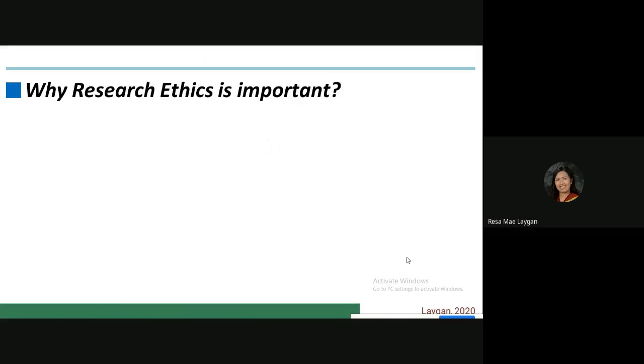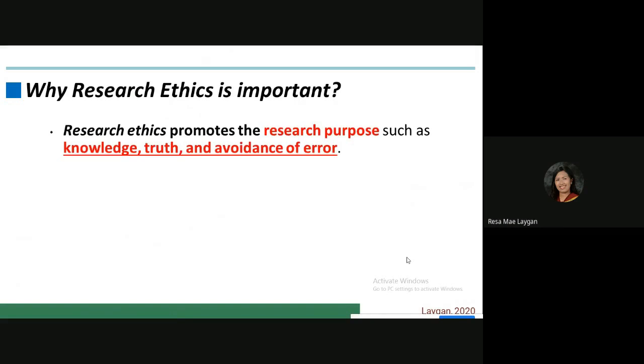So why is research ethics important? Because it promotes the research purpose, such as knowledge, truth, and avoidance of error. Knowledge: you have to add additional knowledge to the existing body of knowledge. Truth: you have to report the true findings of your study.